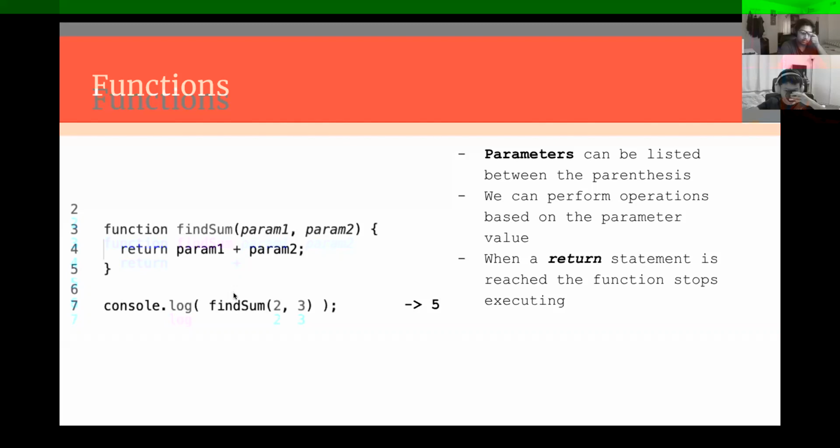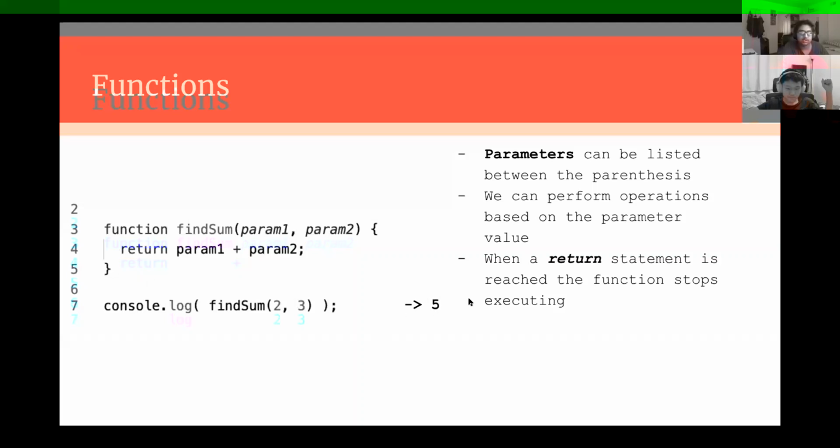If you have never learned JavaScript or Java before, this may be new to you. We use a return statement in a function to end our code. A function ends when a return statement is reached, or if it just reaches the end of the function and there are no lines underneath it.